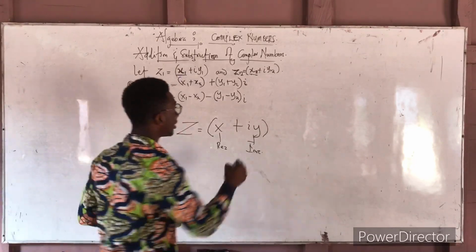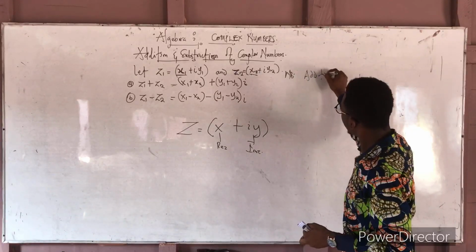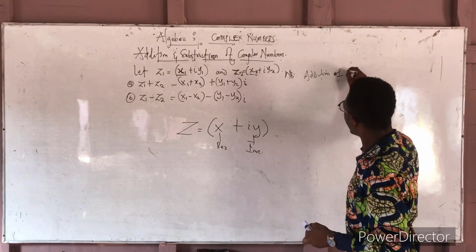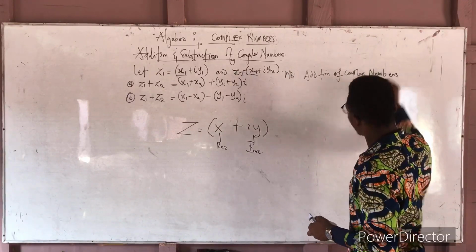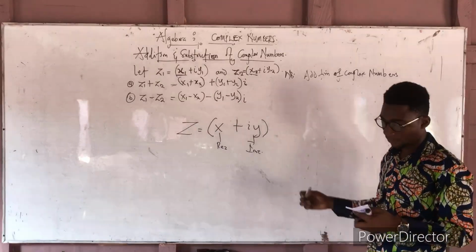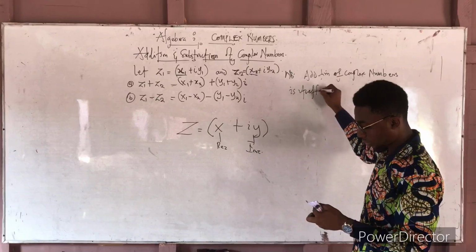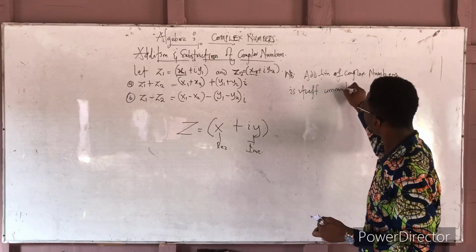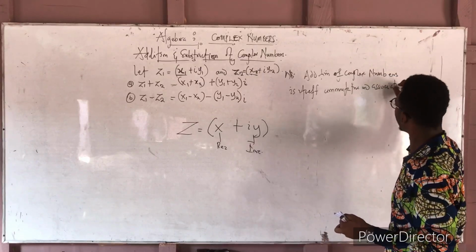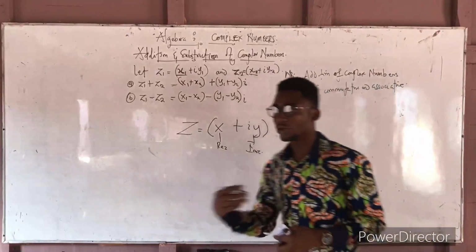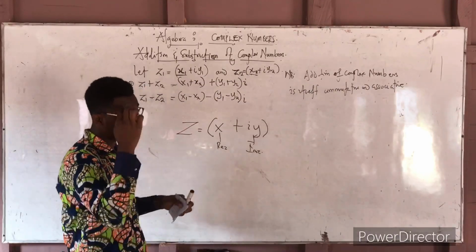But you should also note that the addition of complex numbers is itself commutative and associative. You already know the commutative and associative properties from the normal theory.